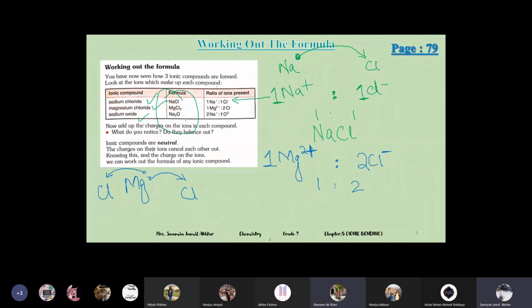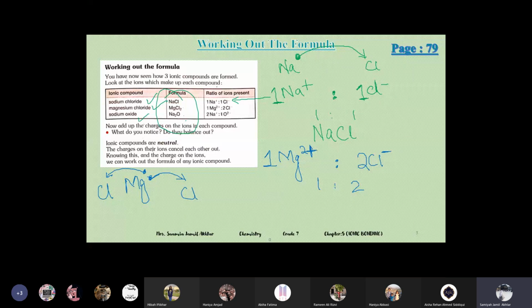1:2. Miss, can you explain this again? Yes, see magnesium. Last week we made the diagram of magnesium chloride, and we saw that magnesium has 2 extra electrons. The diagram is on page 78, so you can see page 78 also.